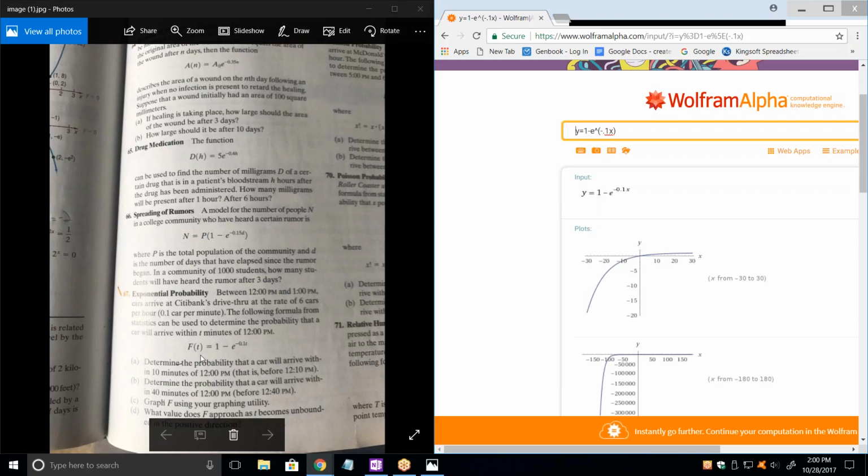Okay. Now, if we look at that last question, so we've done part C, graph F using your graphing utility. What value does F approach as t becomes unbounded in the positive direction?